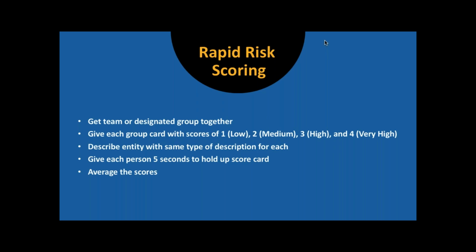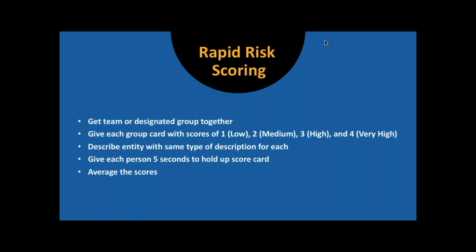They should understand the business, understand the application. You then give each group a card with scores of 1 for low, 2 for medium, 3 for high, or 4 for very high. So these are risk scores, by the way. And you can make it more granular, come up with more numbers if you want.